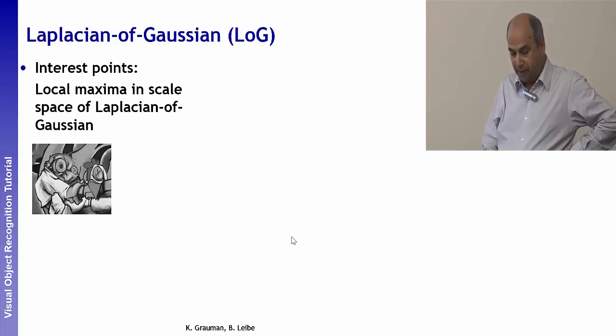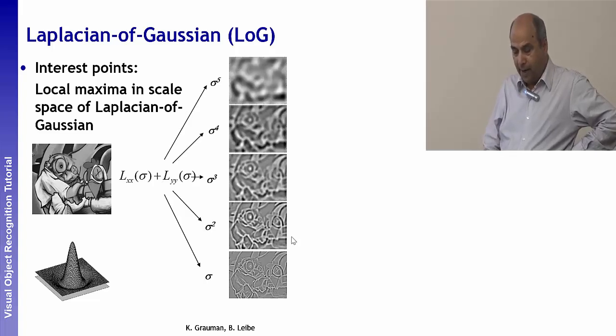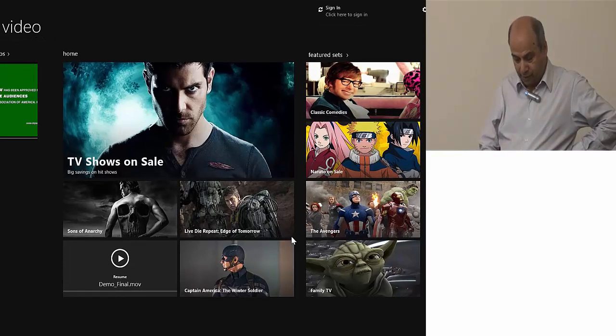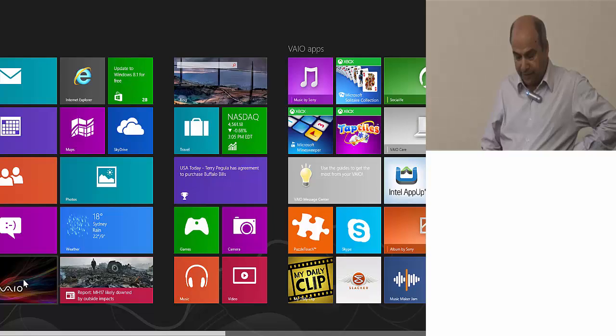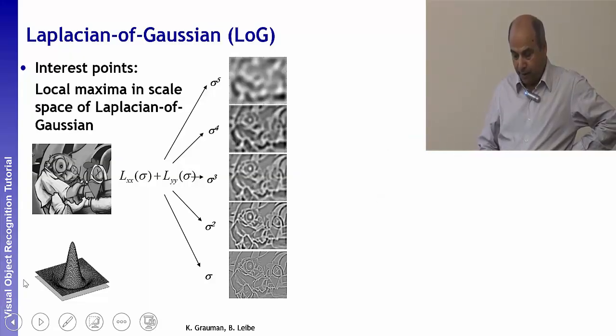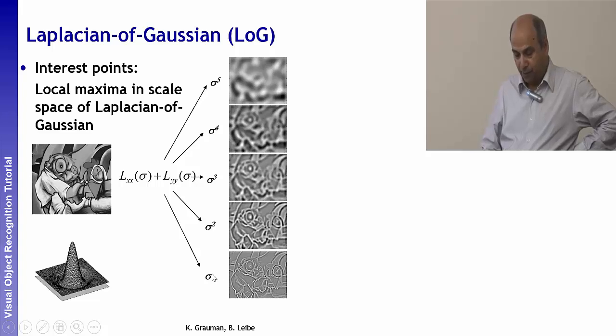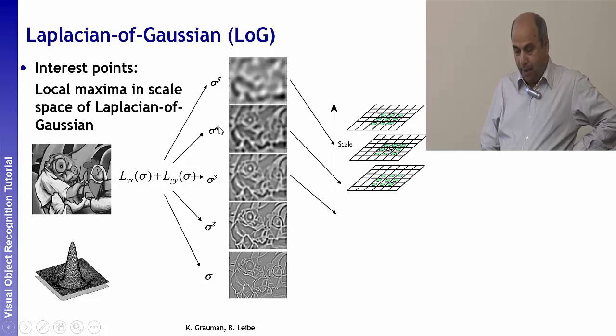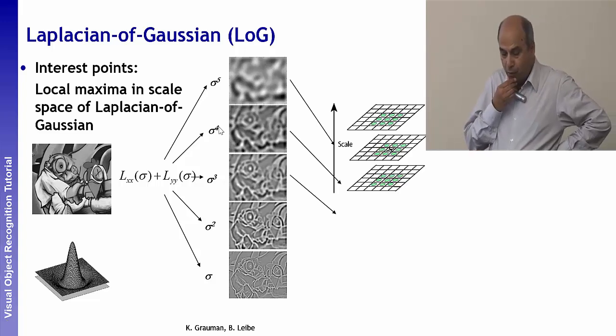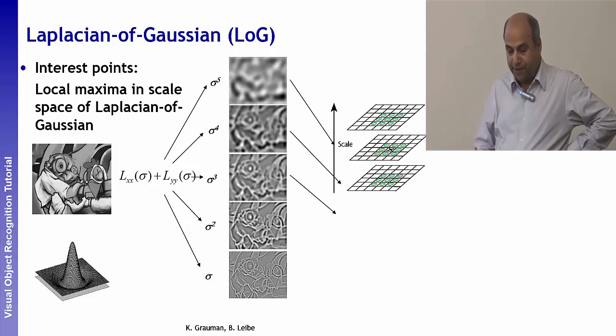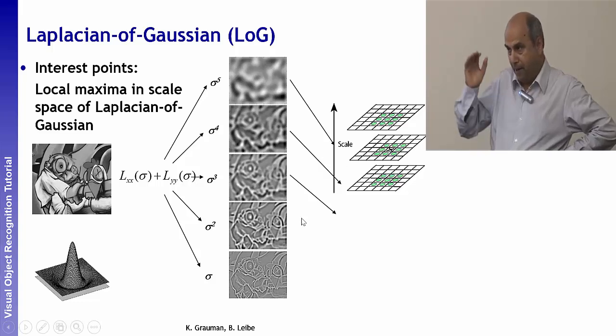Again, we have an image like this, and we apply Gaussians. These are different Gaussians, a smaller one, a larger one, and you keep going like that. So this in a way is a scale space of an image.